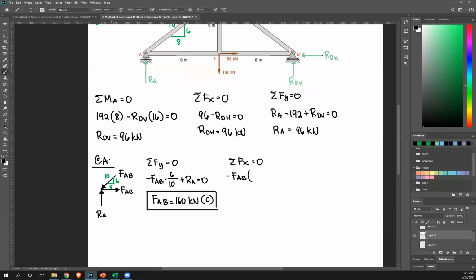So it's this, that's 8, multiplied by 8 over hypotenuse, which is again 10. Next we have FAC to the right, so that's positive FAC. There's no more horizontal forces, so equate that to 0. FAB is 160. Please solve what's FAC.